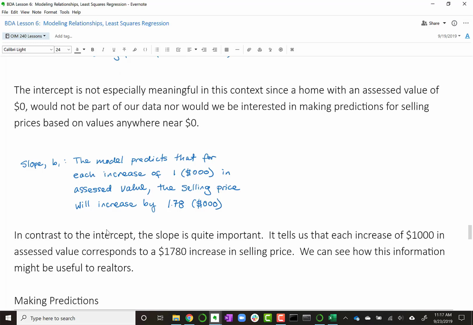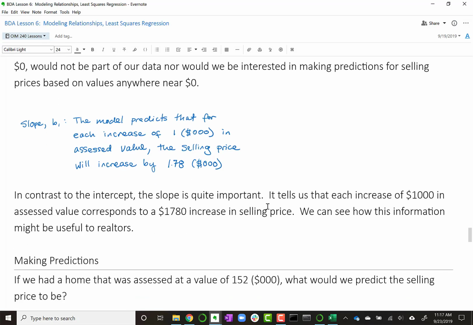The slope is important. Here's how we interpret it. The model predicts that for each increase of one, and that's $1,000 in assessed value, the selling price will increase by 1.78, and that's in thousands of dollars.